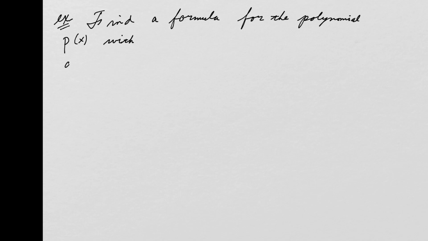It has to have degree 9. So it's got to be a 9th degree polynomial. It has to have a leading coefficient of 1. Well, that basically tells us that a is equal to 1, right?